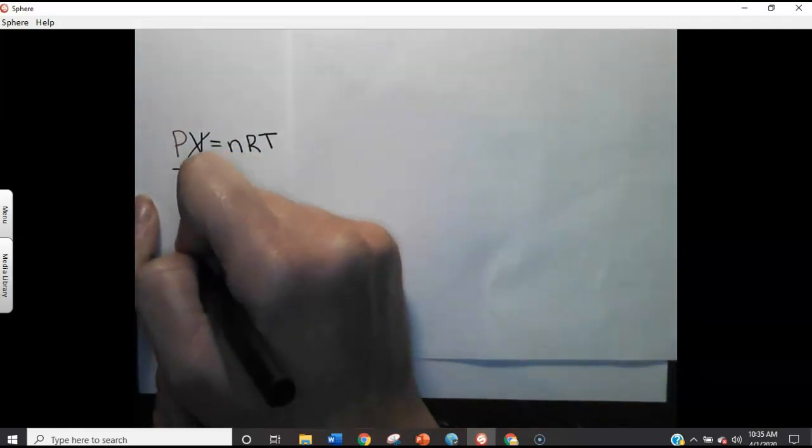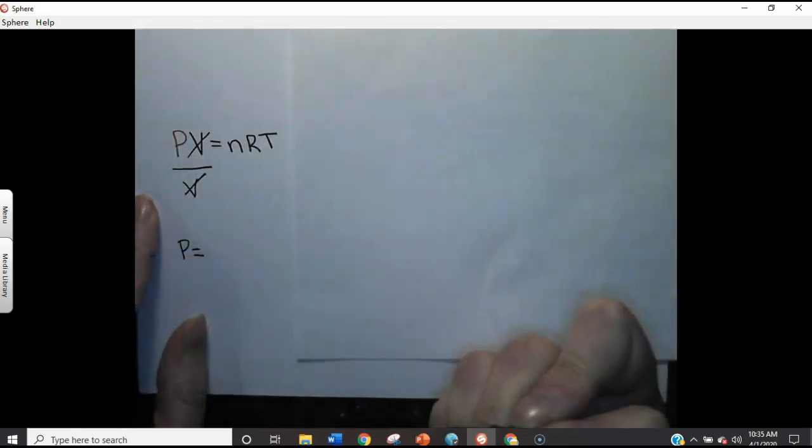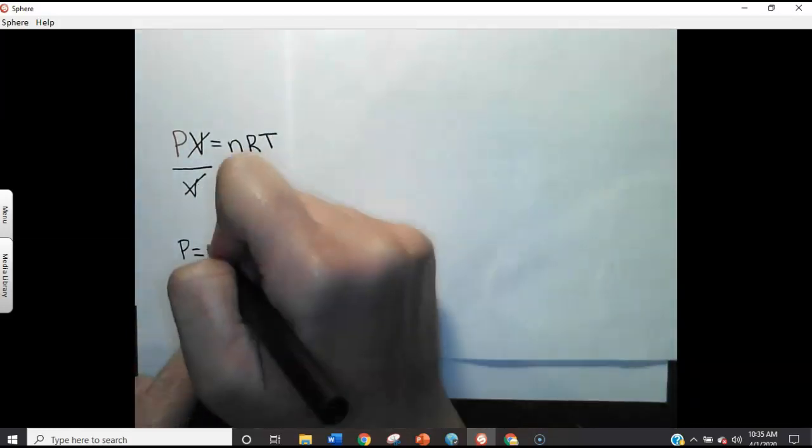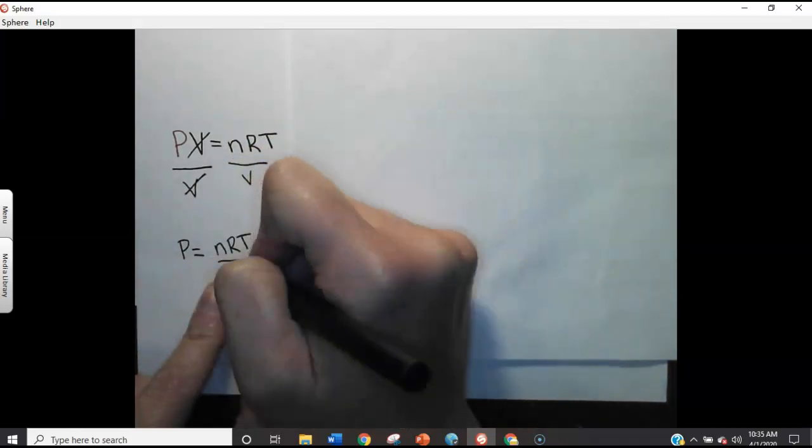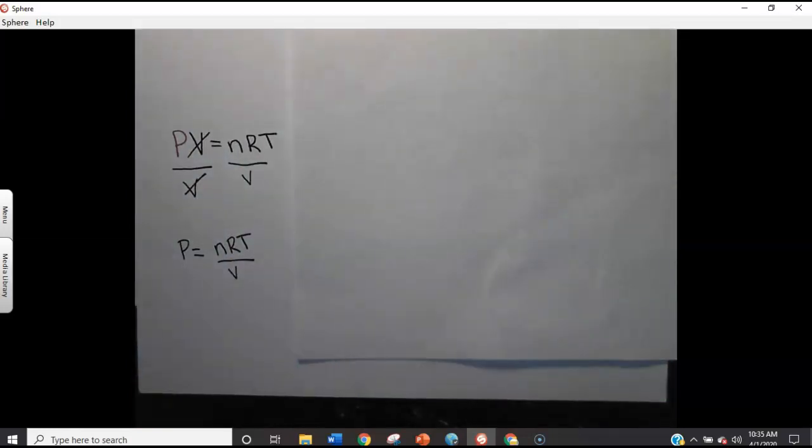PV equals nRT. I'm solving for pressure. So that means in order to get pressure by itself, right now it's pressure times volume. So I need to go pressure divided by volume, so that I just have pressure equals whatever I did on this side divided by volume. So I've got n times R times T on top, not answer, divided by volume. That's going to get me pressure.